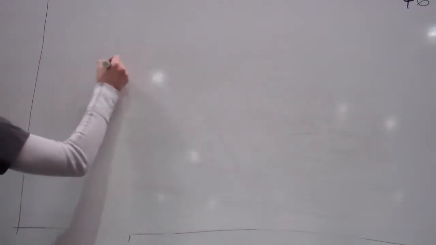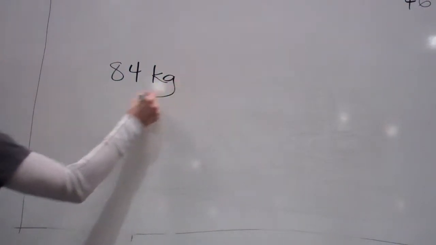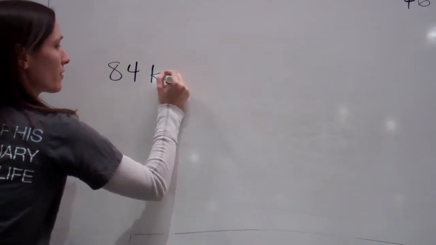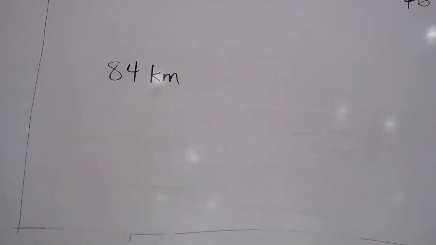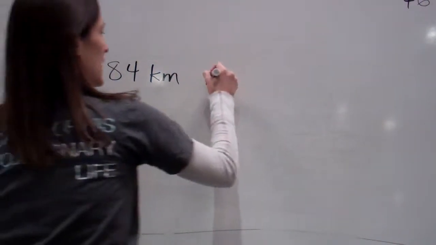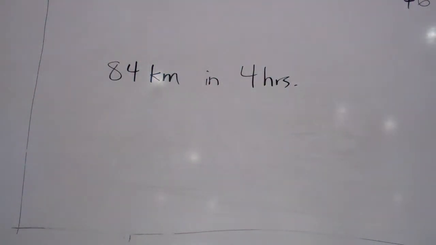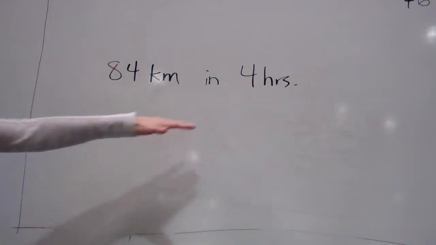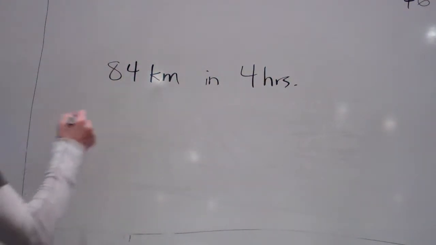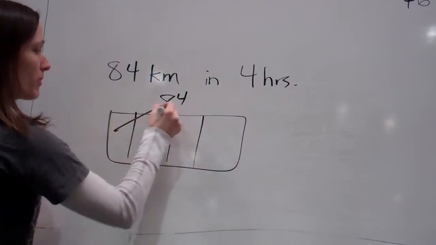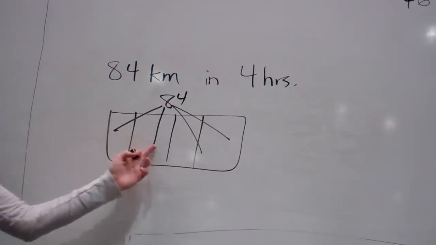Hans pedaled 84 kilometers, however you want to say that. He traveled 84 kilometers in 4 hours. Could I figure out how many kilometers he traveled in 1 hour? Yes. By taking 84 divided by 4, if I broke it up into 4 parts, it would show me how many I went every hour.